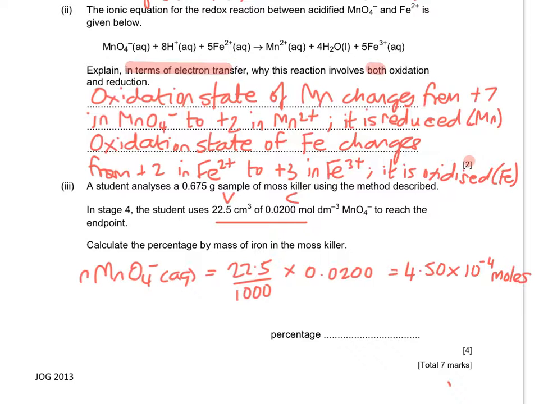So that gives us 4.50 times 10 to the minus 4. But this is for 22.5 centimeters cubed.